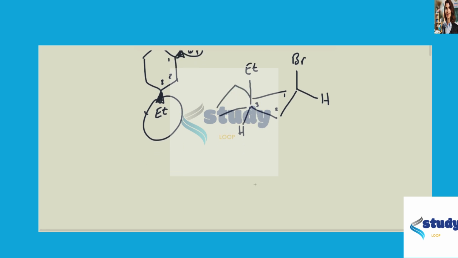The other chair conformation, I like to draw the two lines like that. And then I always number the one that's down to the right as carbon 1. So that means that this is going to be the carbon with bromine on it. And then we know we're going to have an equatorial substituent and an axial down substituent.